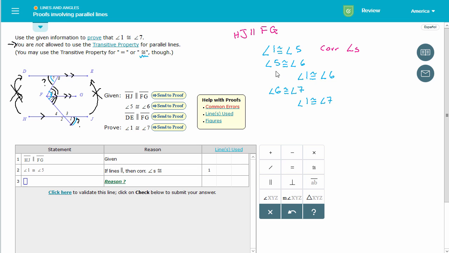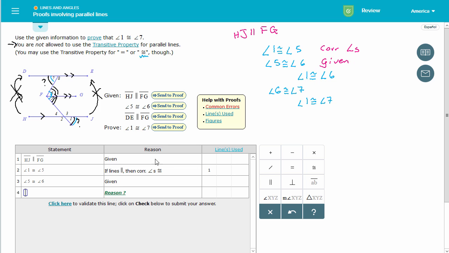Next I want to say that angle 5 is congruent to angle 6. That was a given. I'm just going to send that to the proof. Okay. And based on that, I decided to conclude that angle 1 is congruent to angle 6. And why is that?